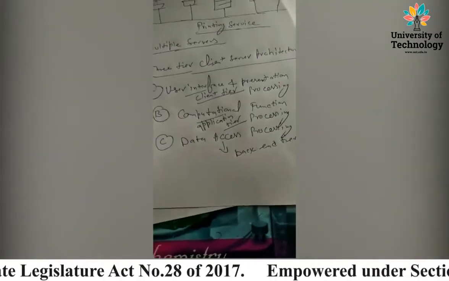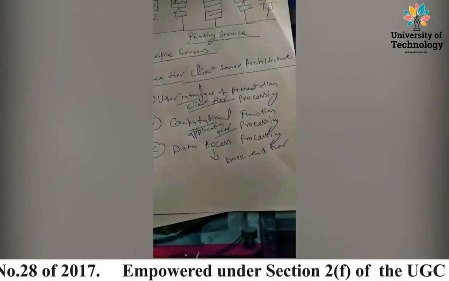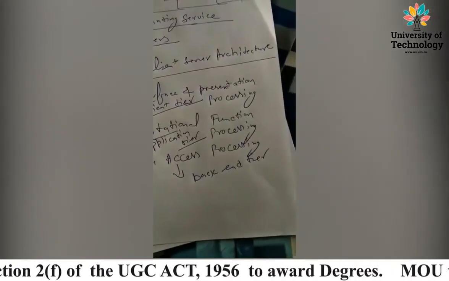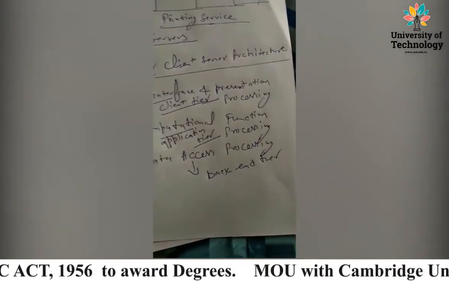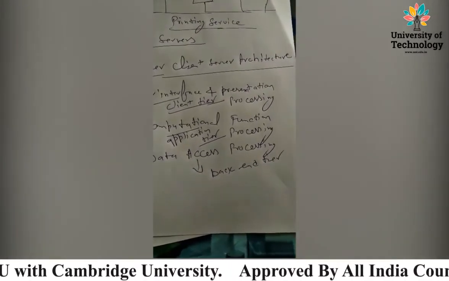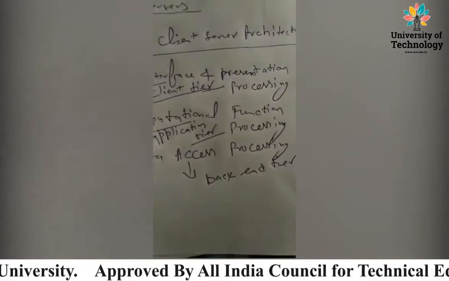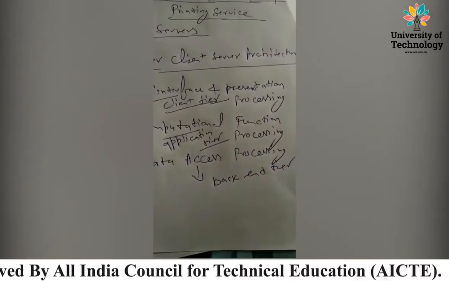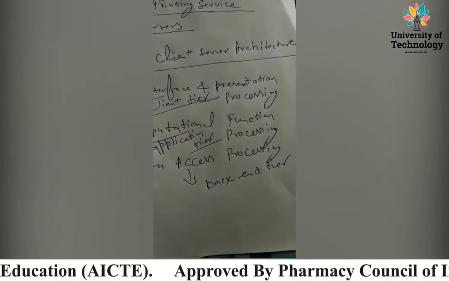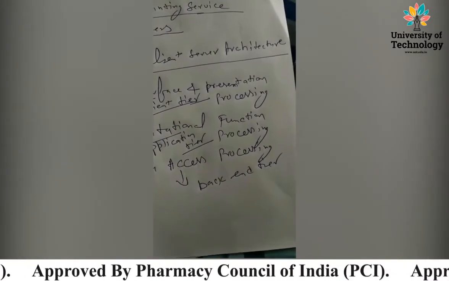So first, user interface and presentation belongs to the client tier. Second, computational function processing belongs to the application tier. And third, data access processing belongs to the back-end tier. Now, the client-server model as a service-oriented communication model.